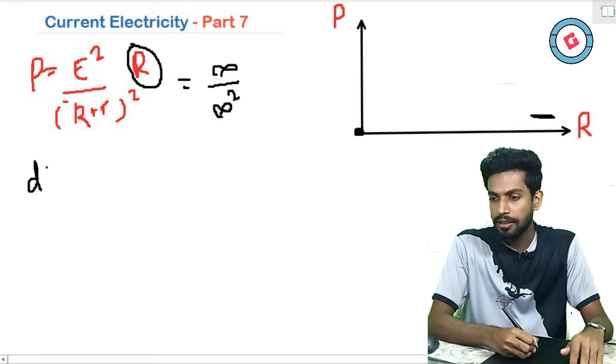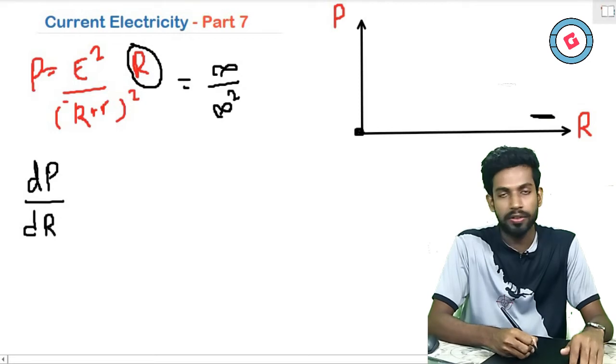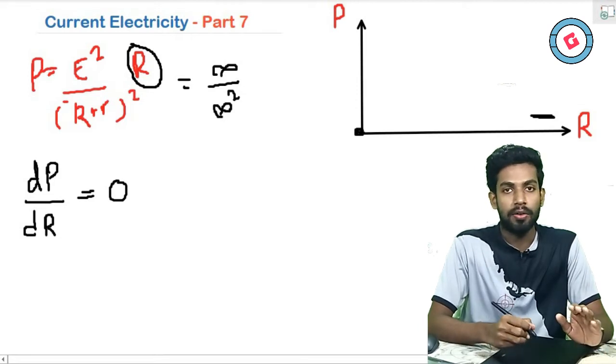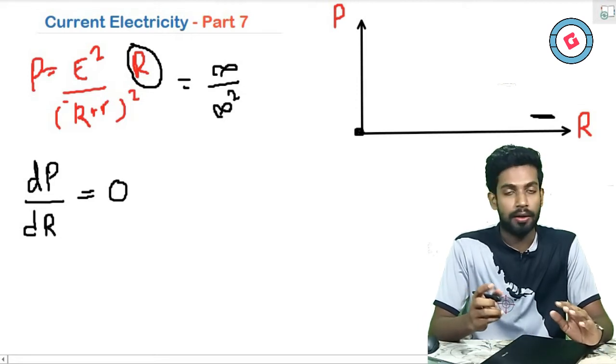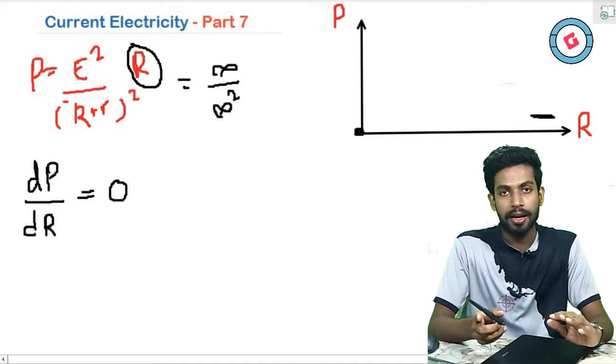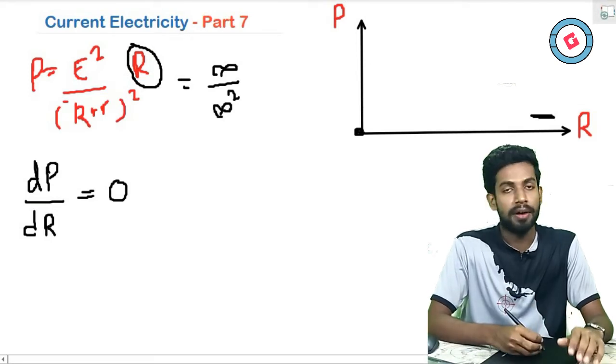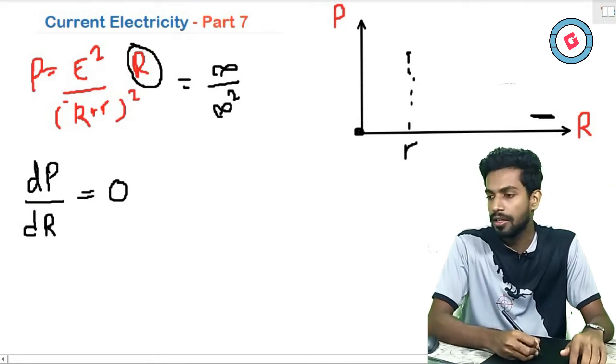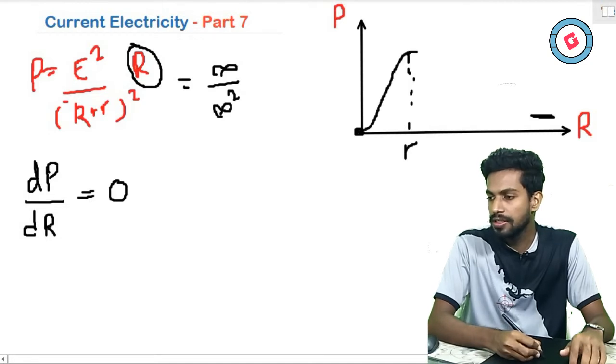And if we differentiate this equation with respect to R, dP over dR, and if we substitute 0 for that, we can obtain the value of capital R when the power is at its maximum. So that will be simple r. So the graph will look like this.